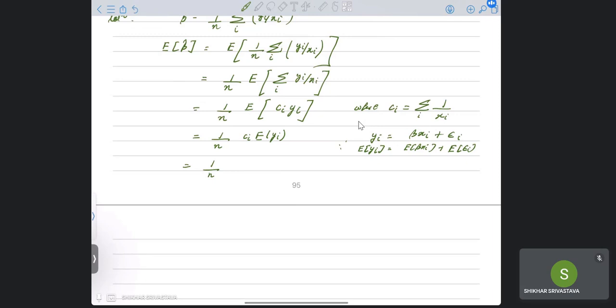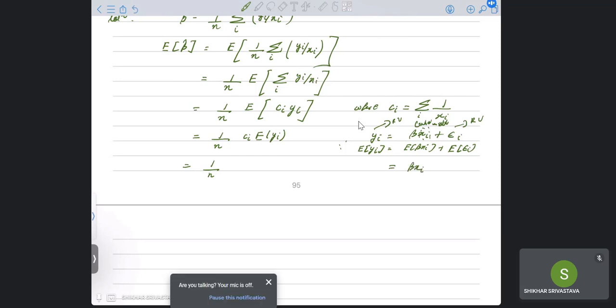Always remember, as I told you in the second class, in this linear regression model, your yi and epsilon i are random variables, whereas your xi is a control variable. The expectation value of the control variable is the same, beta xi, and its variance will be 0.